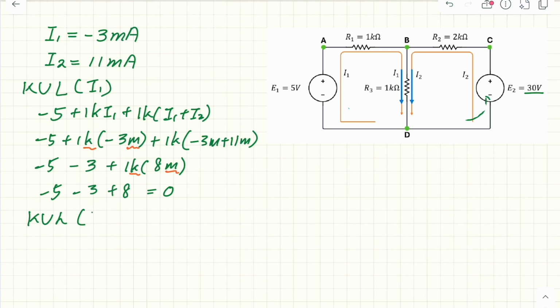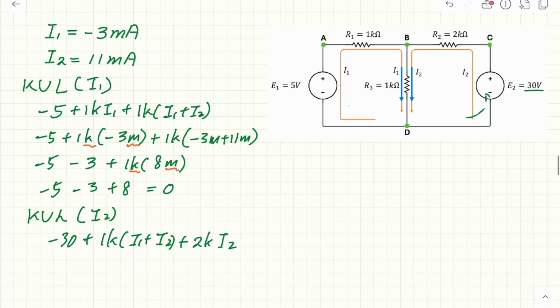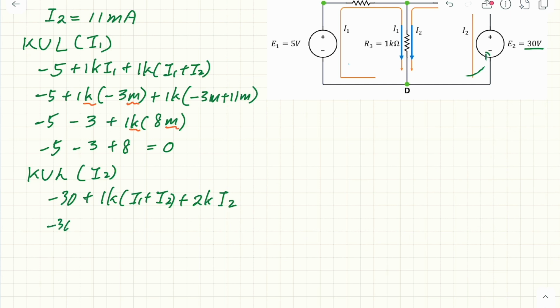KVL for mesh current I2. This is minus 30 plus 1K (I1 plus I2) plus 2K I2. So we have minus 30 plus 1K (I1 plus I2), which will be minus 3M plus 11M, plus 2K times 11M.